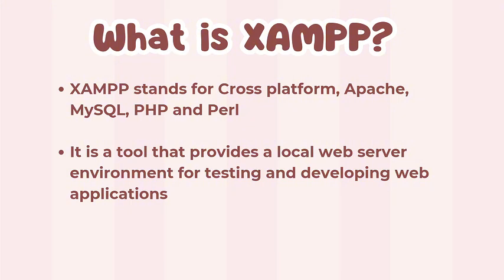XAMPP is a tool that provides a local web server environment for testing and developing web applications. What XAMPP does is, this WordPress we're going to be using now, you need to actually host it. It has to be live and all.